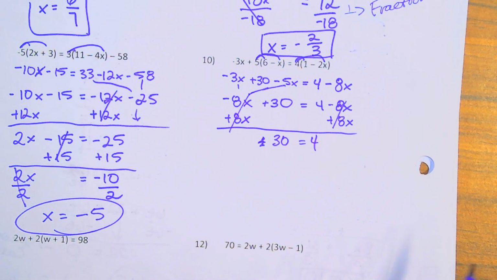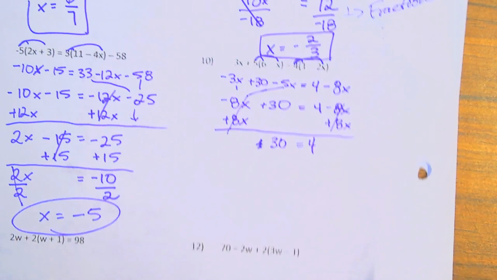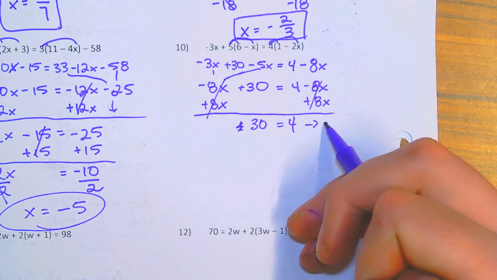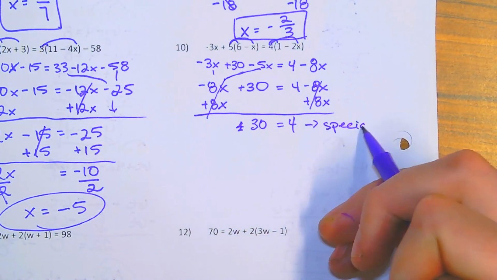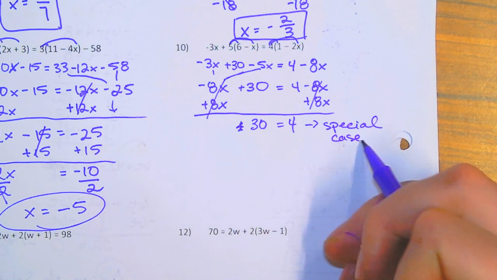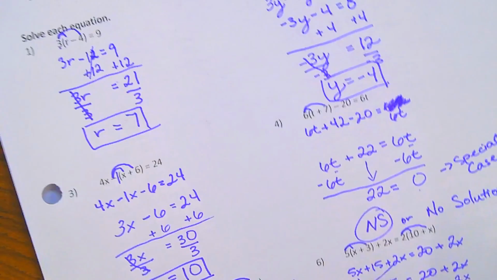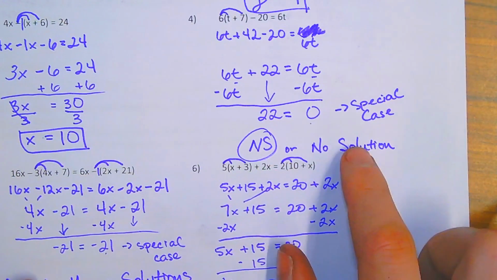Now hold on a second. If you guys can remember from the last video, I might just show it a second. This is, again, a special case. Very similar to number 4 on our last problem.